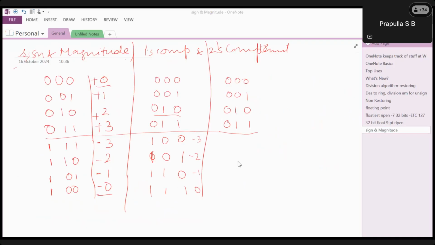I have just taken numbers from 0 to 3. You can also check out this representation here, whatever I showed you just now.